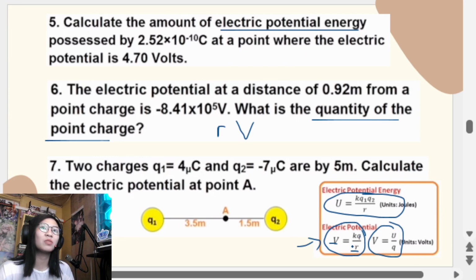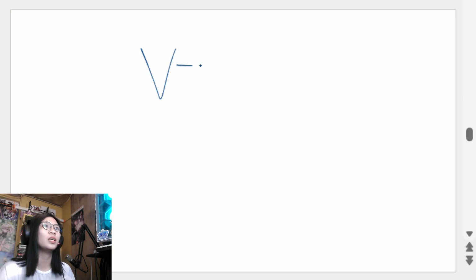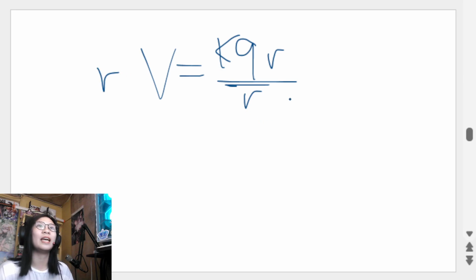From the original, V is equal to kQ over r. We are looking for Q, so you need to multiply both sides by r and divide both sides by k.